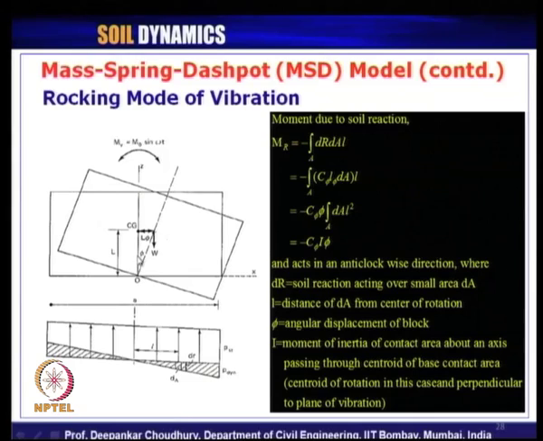Let us say for small angular rotation, phi is our angular rotation, this distance will be L phi. How the pressure will get generated at the base of the footing because of this type of rotation?